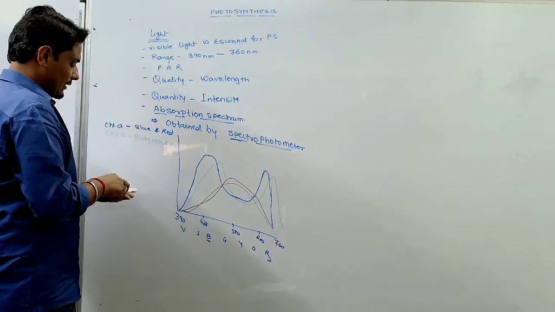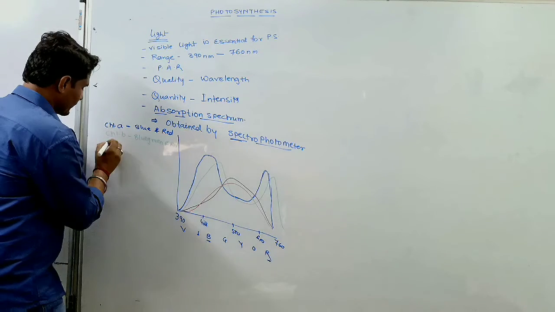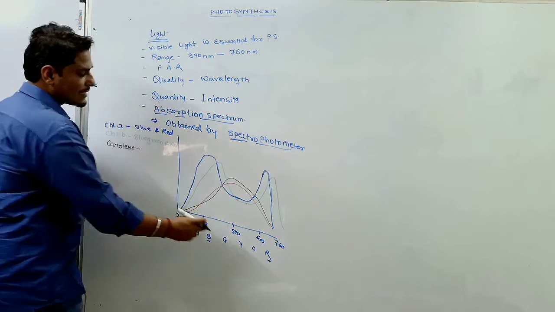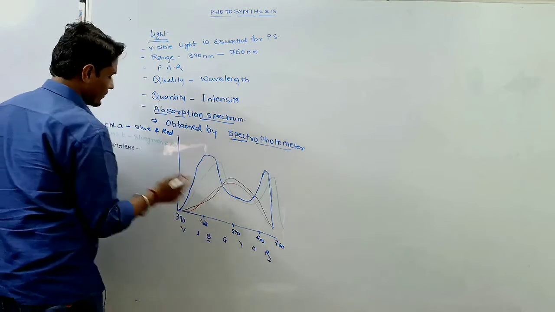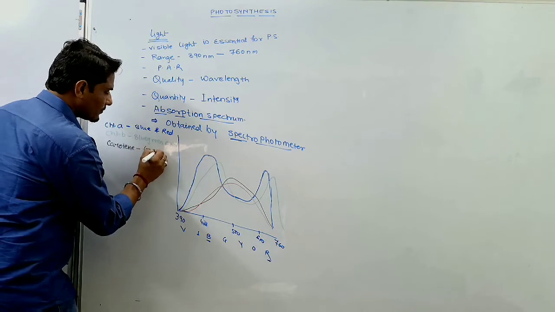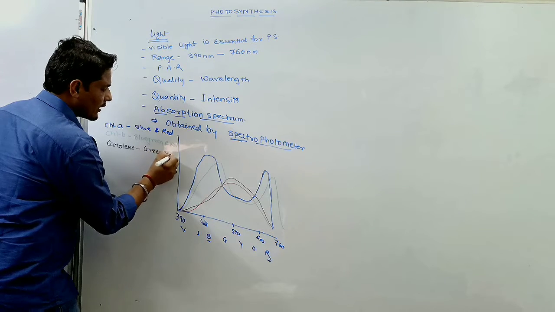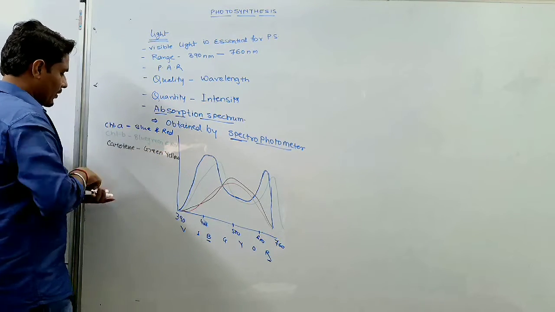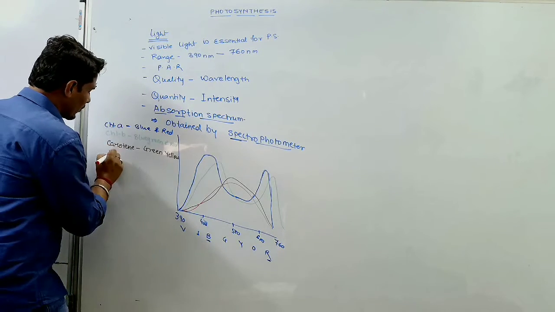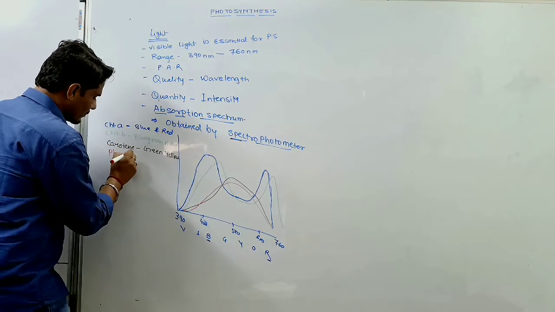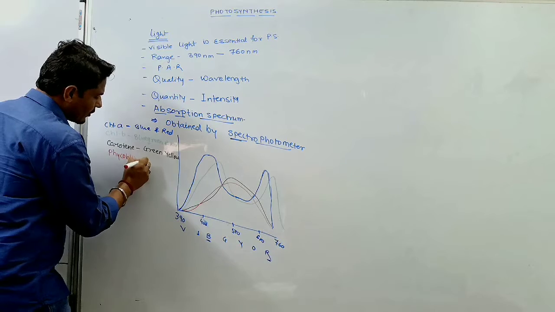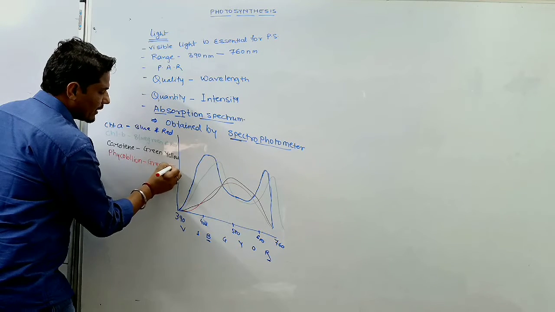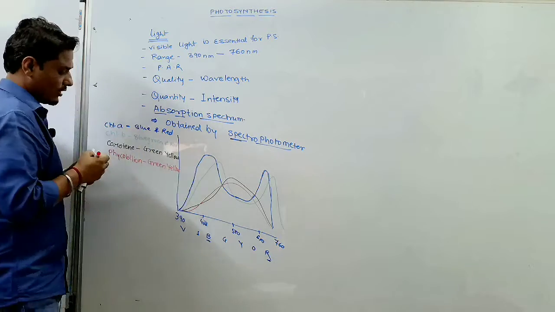Then the third is carotene, which absorbs maximum light in between green and yellow light, and the same for phycobilin.